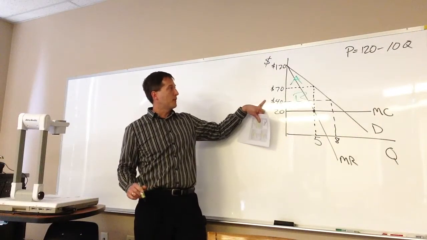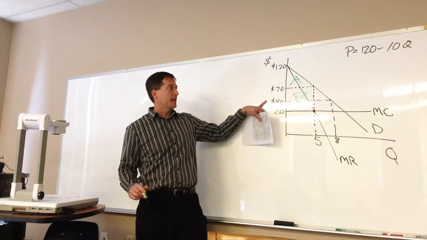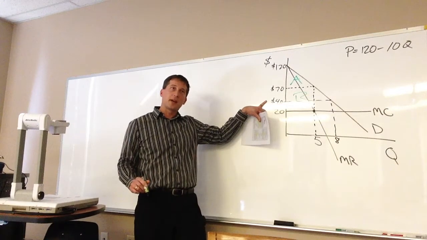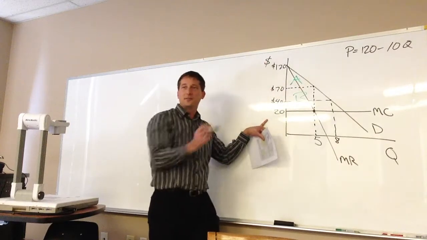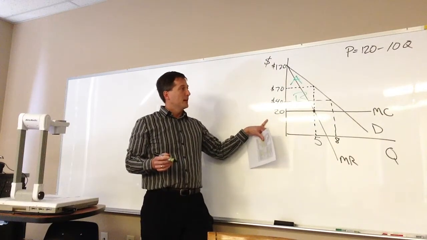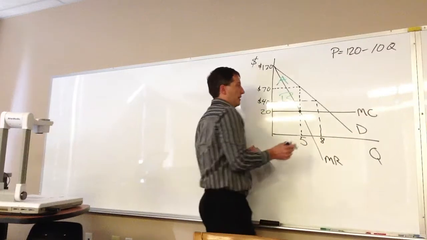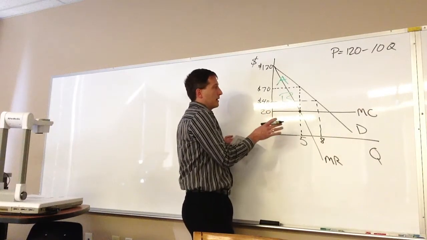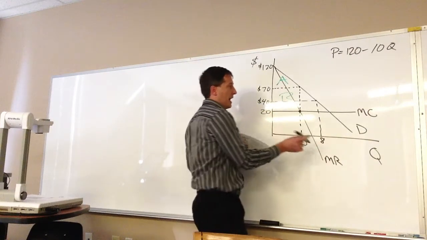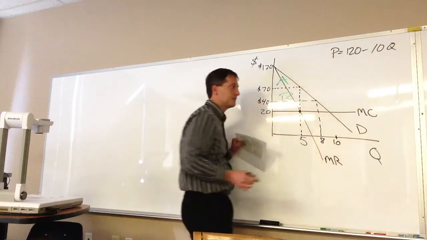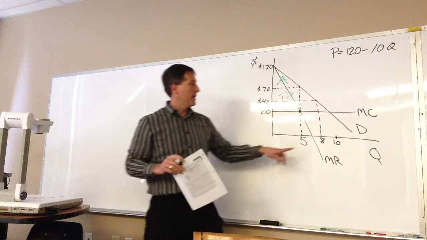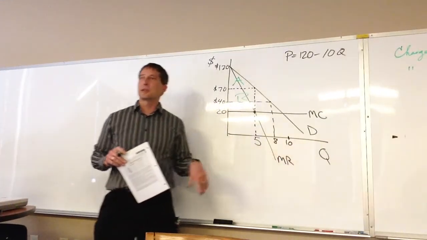So at a price of 40, it's possible that it could still be beneficial for this person to be in that deal. So how much surplus is there at 10 units would be the question. What price is this person willing to pay for 10?